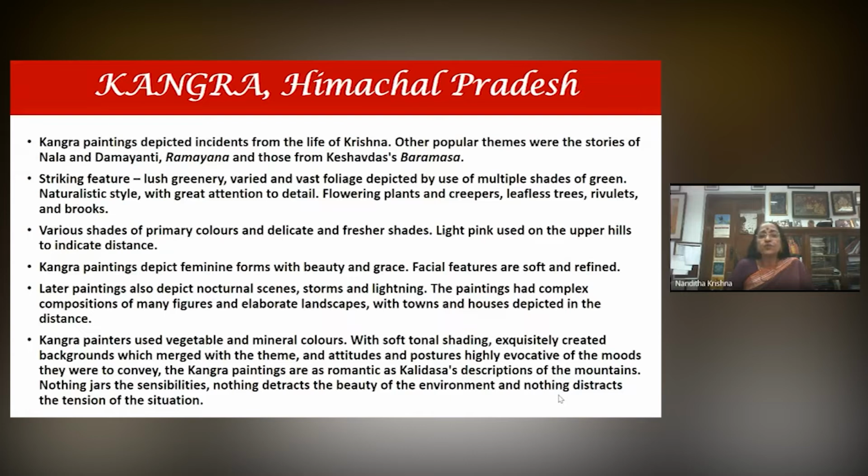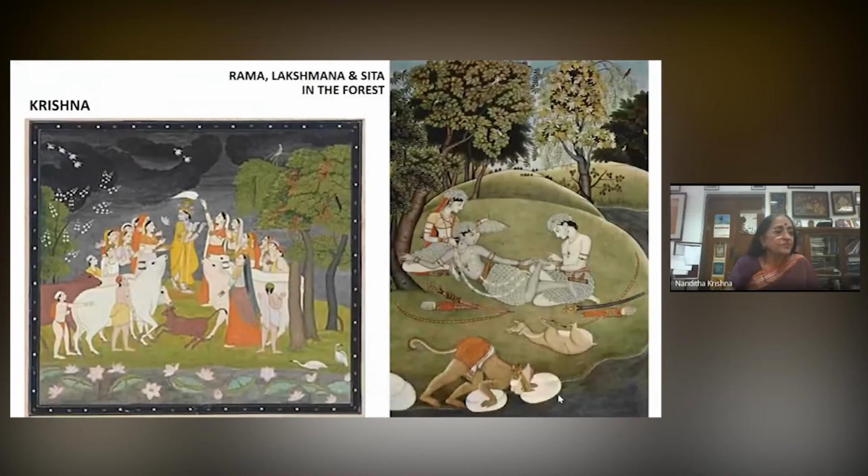Later, there were also nocturnal scenes, storms and lightning, and paintings had complex compositions of many figures and elaborate landscapes. Kangra painters used vegetable and mineral colors with soft tonal shading, exquisitely created backgrounds which merged with the theme.